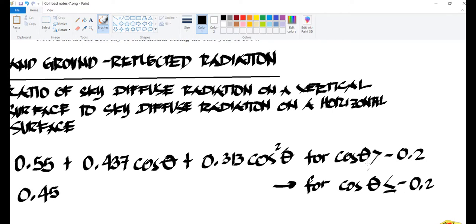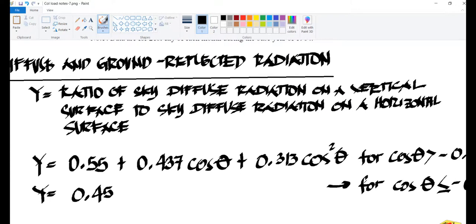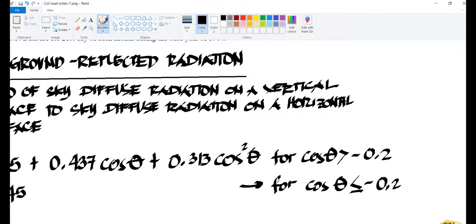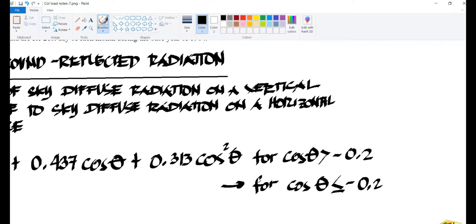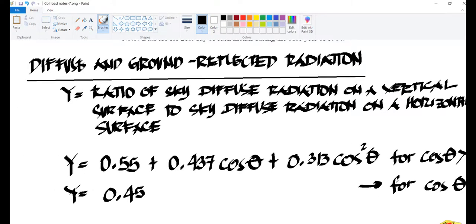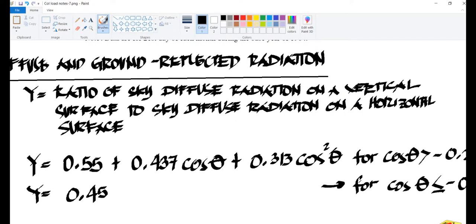That will be the value for cosine theta greater than negative 0.2. Now, if your cosine theta is less than or equal to negative 0.2, you can use Y equal to 0.45.